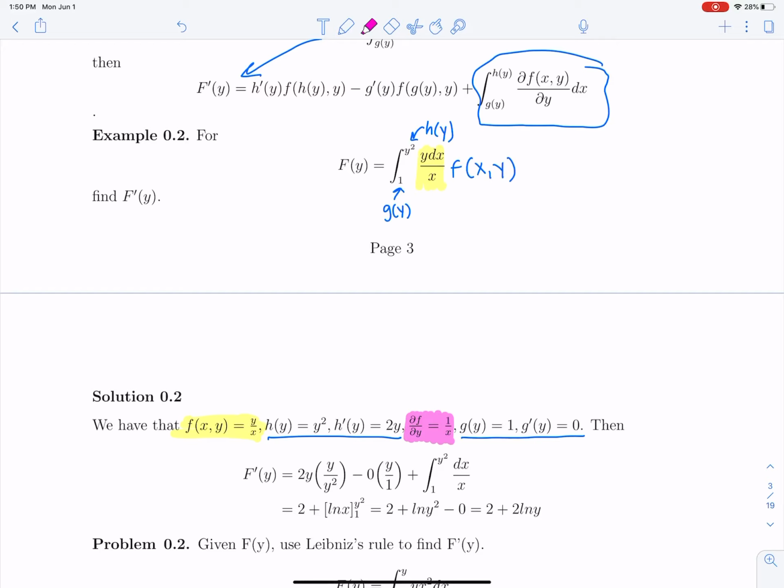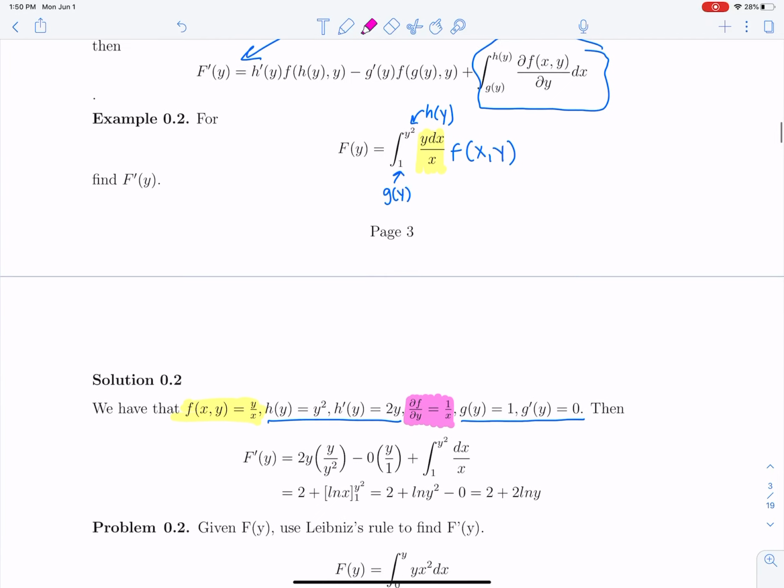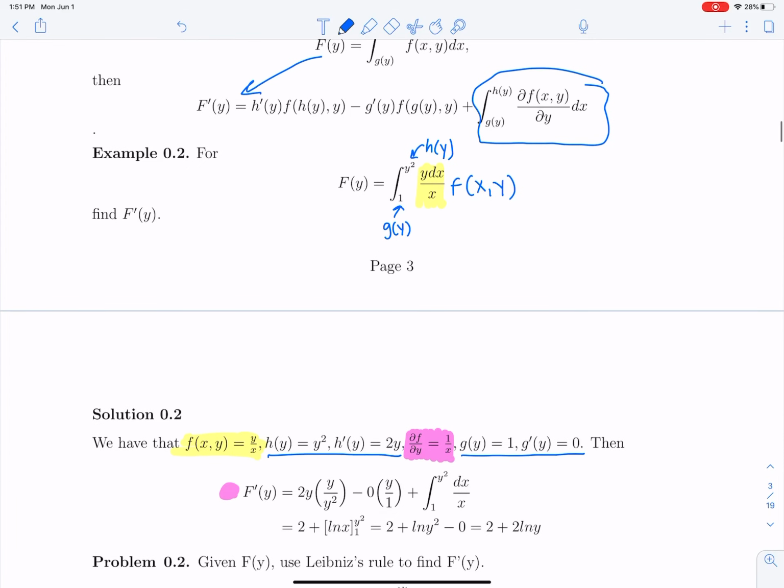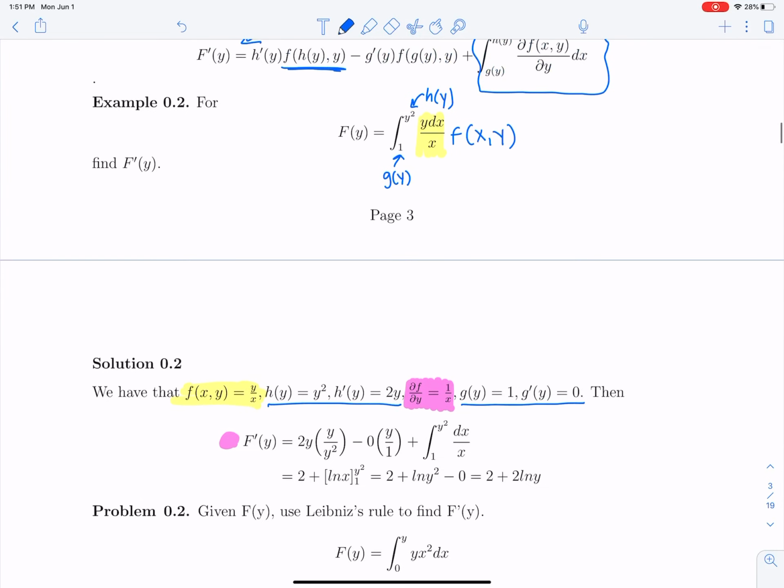So using our formula from definition 0.4, if you notice right here, we are going to put 2y times y over y squared, which is f of h of y comma y. So when they say f of h of y comma y, they are just telling you to plug h of y and y into our f of xy function.